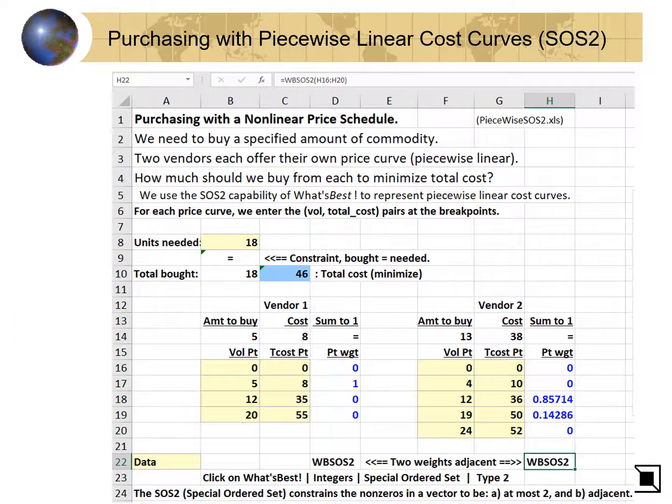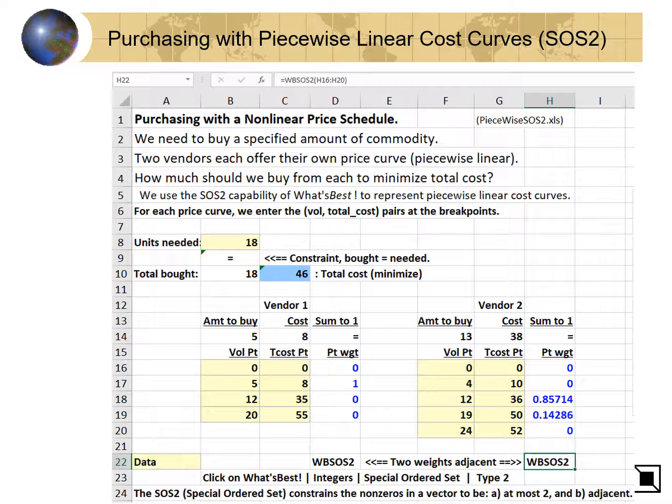Example here. Let's suppose that we have to purchase 18 units of some commodity, and we have 2 vendors from whom we could buy this commodity. Each of these vendors supplies us with a price schedule. This is in the shaded tables here towards the bottom.